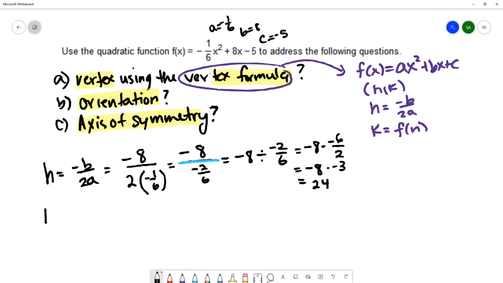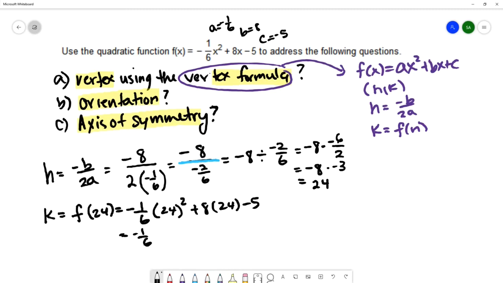Then we can get the y-coordinate by substituting that value into the function. So this is going to be f of 24, negative 1/6 times 24 squared plus 8 times 24 minus 5. I'm going to get my calculator out to know what 24 squared is. So we apply the exponent first, and that's 576. And 24 times 8 is 192.